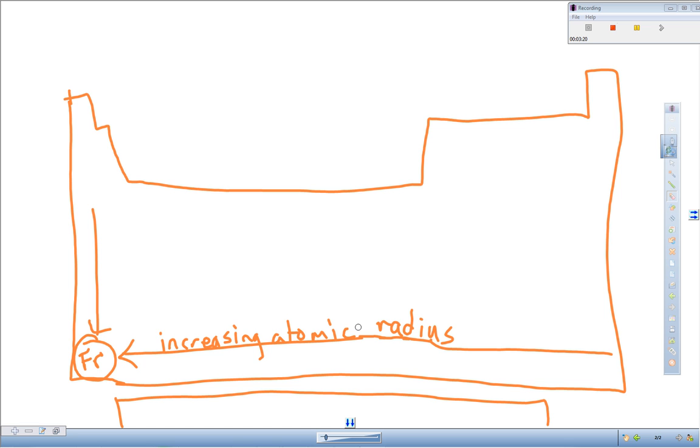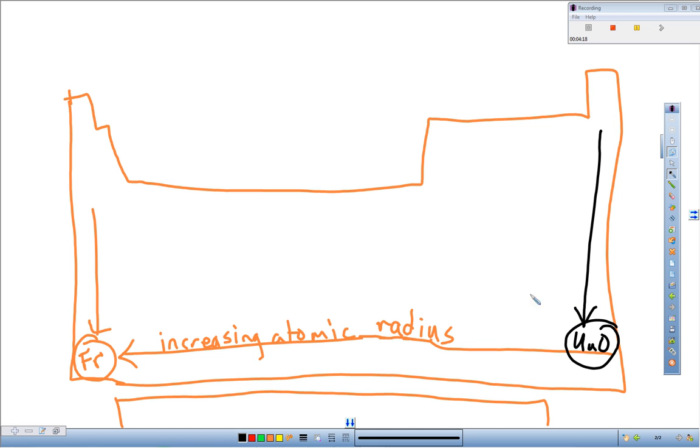Okay, that's atomic radius. What about mass? What is the most massive element? If you look in your textbook, I think it's called UUO. Yeah, it's UUO. All right. So mass increases as you go down, but mass increases as you go this way.